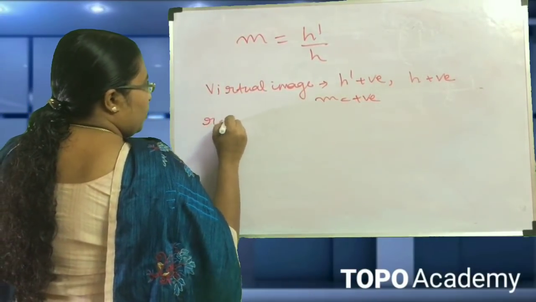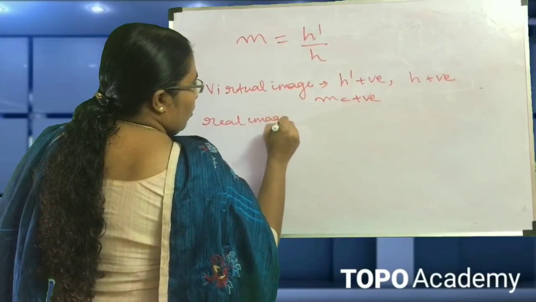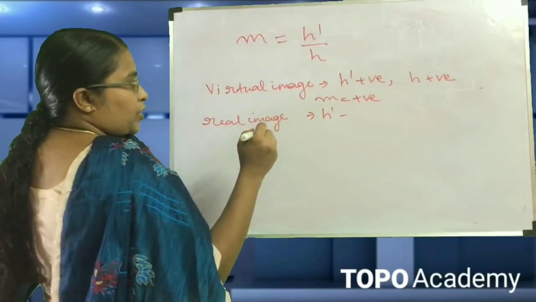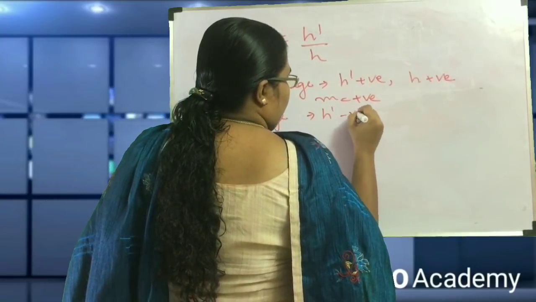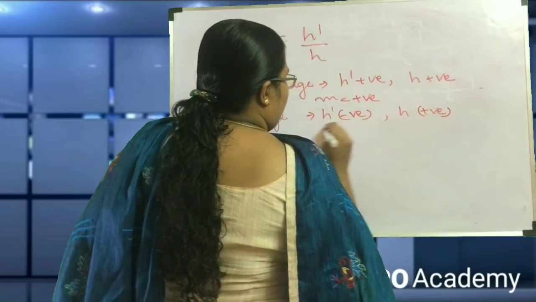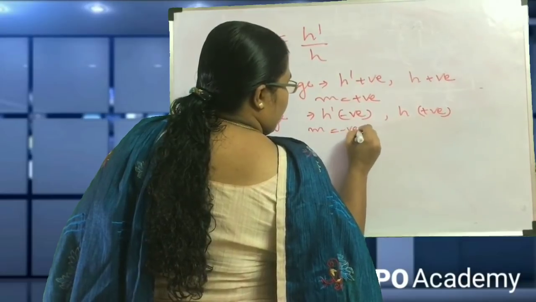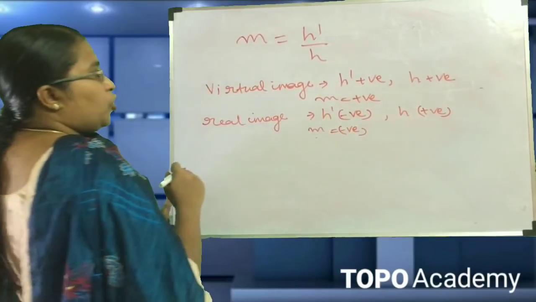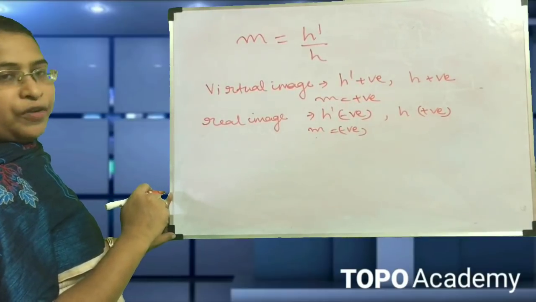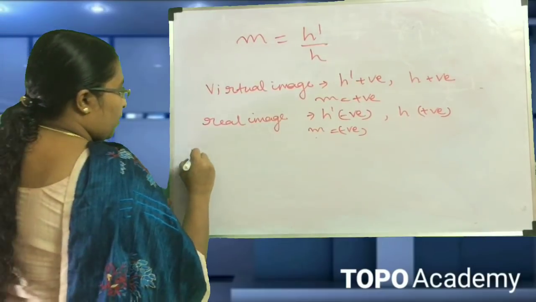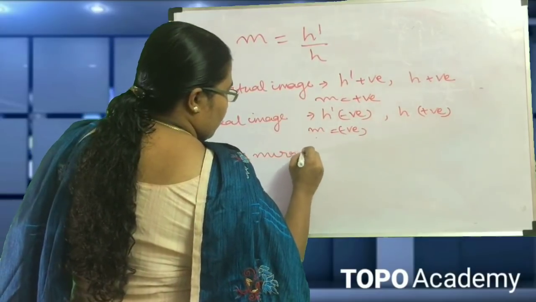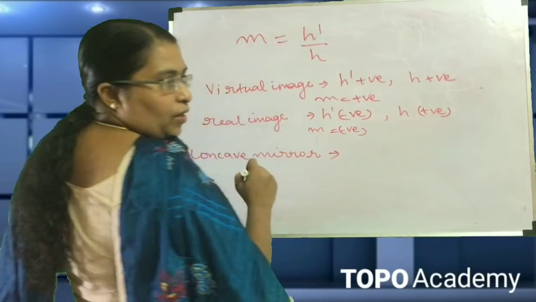For a real image, h dash is negative and h is positive. So magnification is negative. So for virtual image magnification is positive and for real image magnification is negative. So for concave mirror, two cases are there.